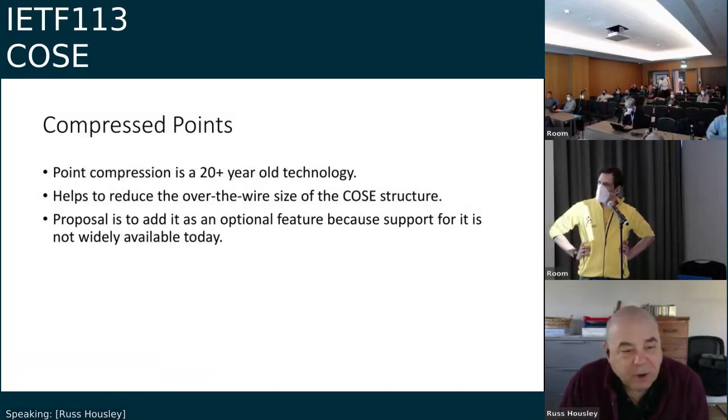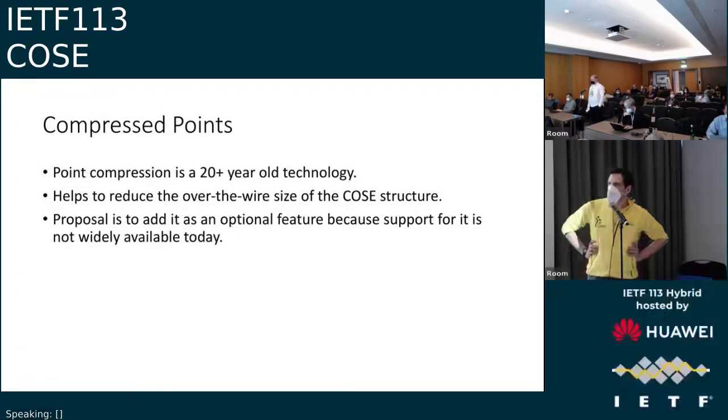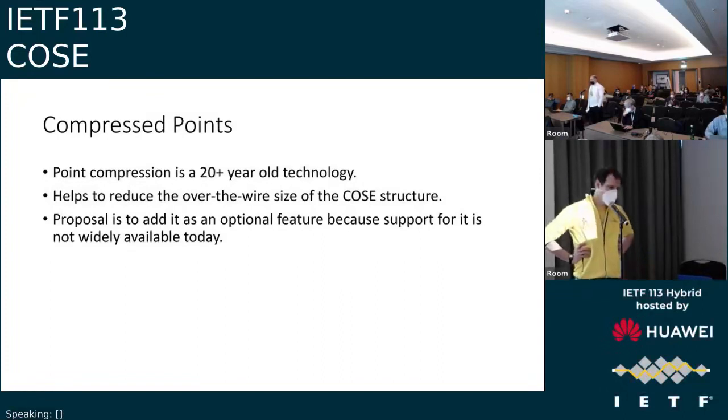So they were opposed to making point compression required. We'll see what other people think, but at least several implementers said that's not what they want to do. Thanks, Russ.